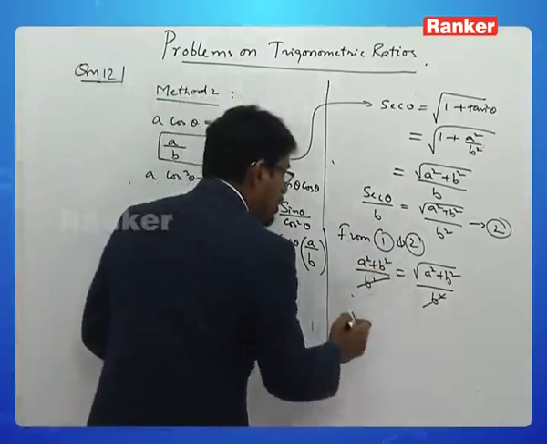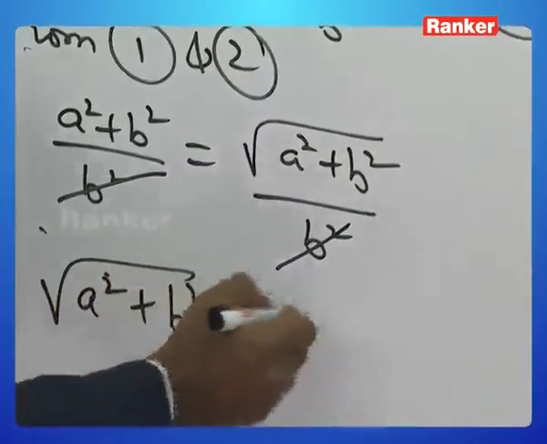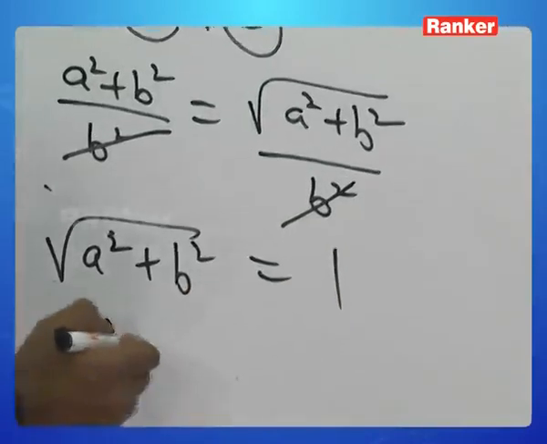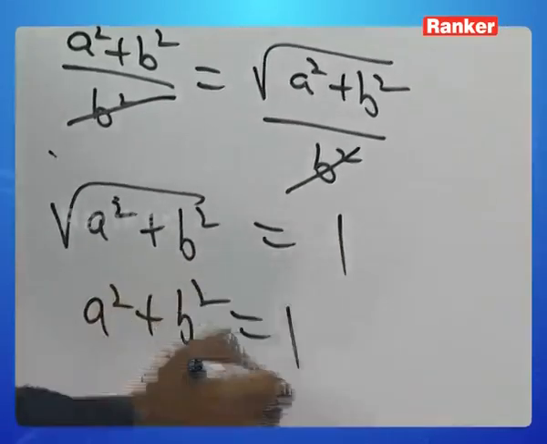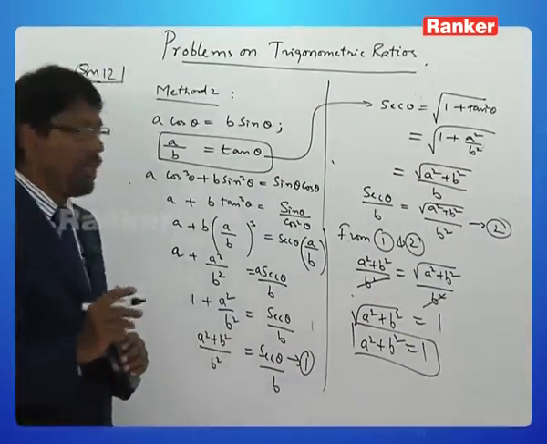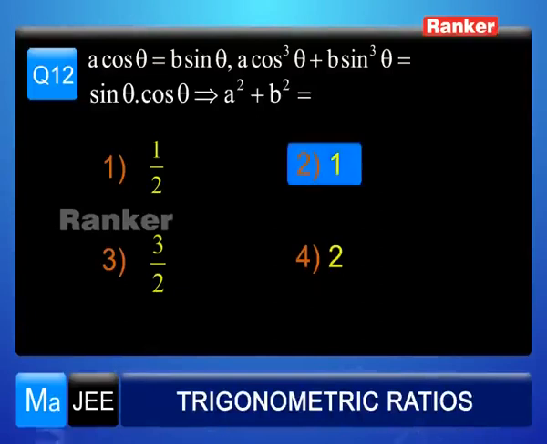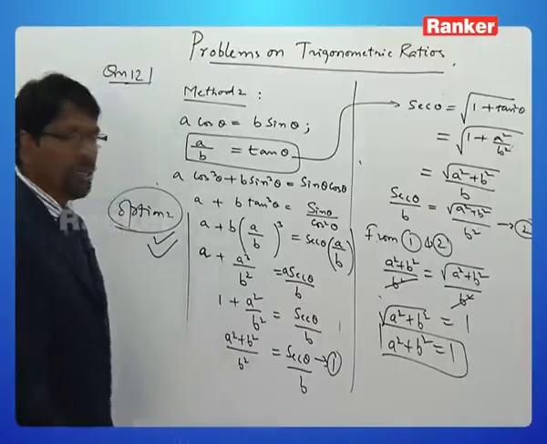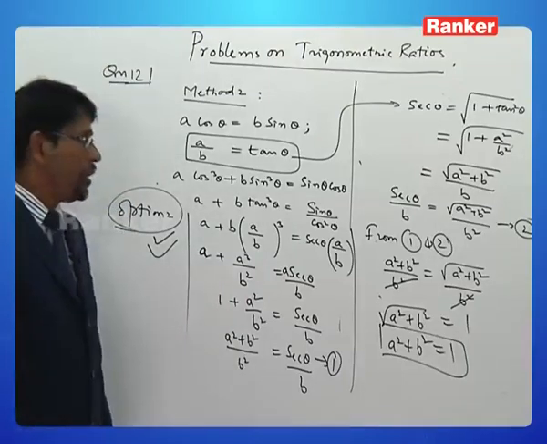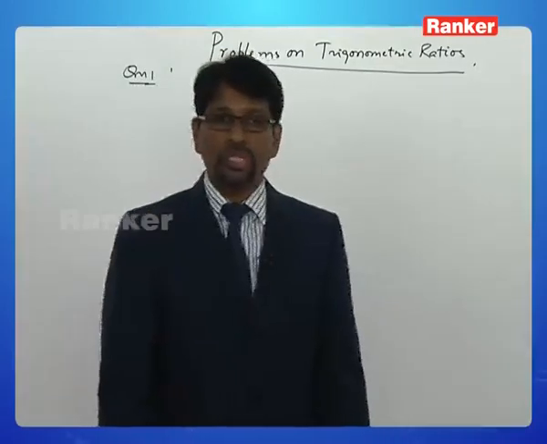We can cancel out that root of A square plus B square is 1, therefore A square plus B square is equal to also 1. So that is the option that we have got by substitution as well. So option 2 is the right answer, and this we have obtained in two methods, one by substitution method, other by direct elimination method. Let's move on to the next question, question number 13.